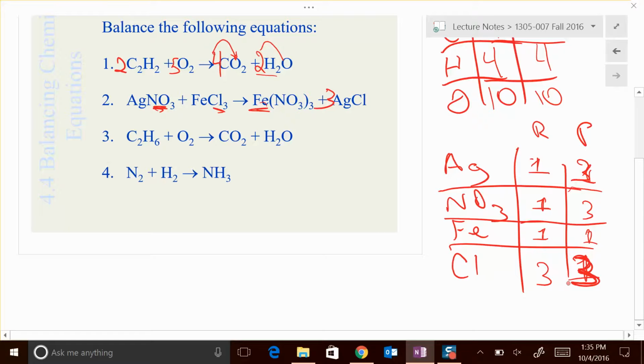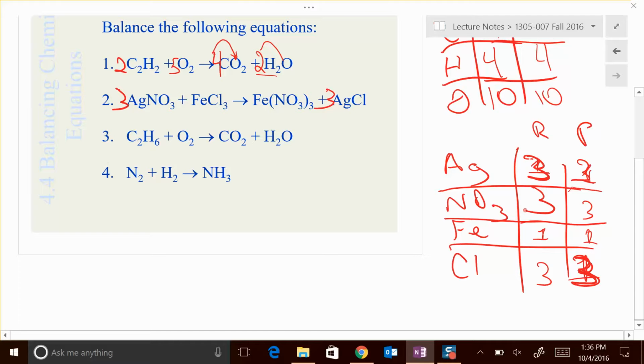Okay? Now let's balance the nitrates. How? Silver nitrate. Good. So that changes my silvers to 3 and my nitrates to 3. Wow, it's a mess.